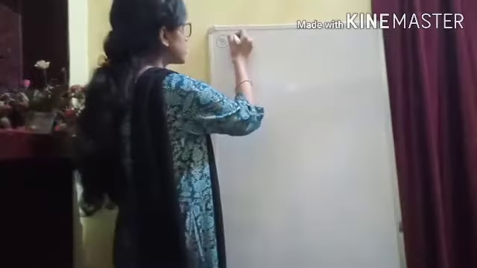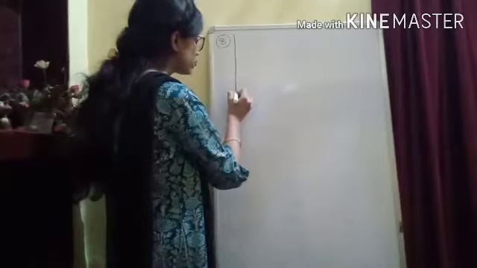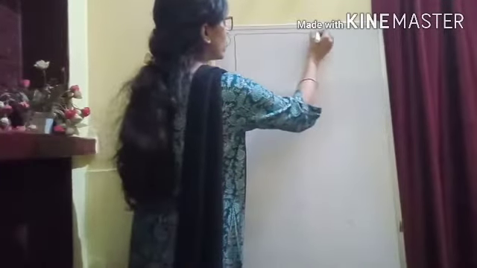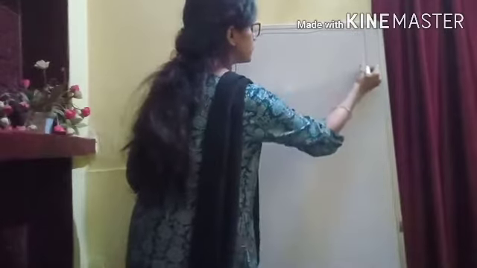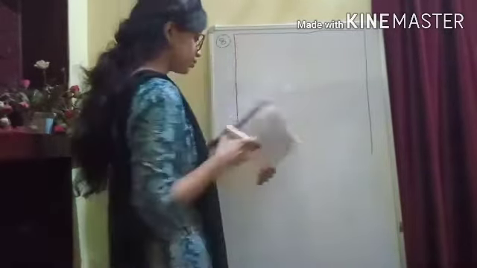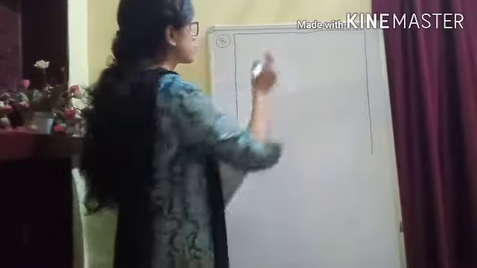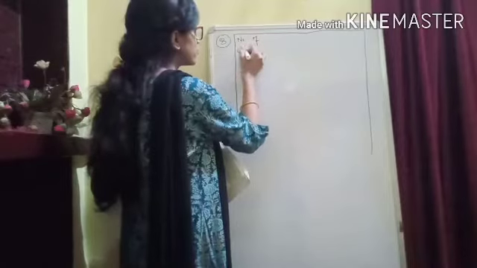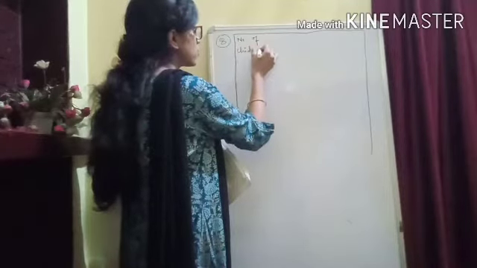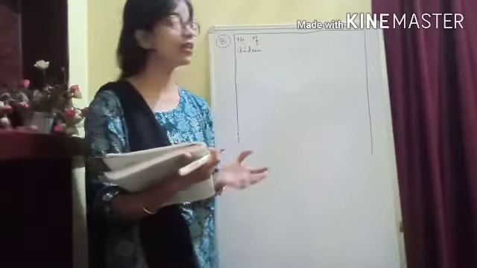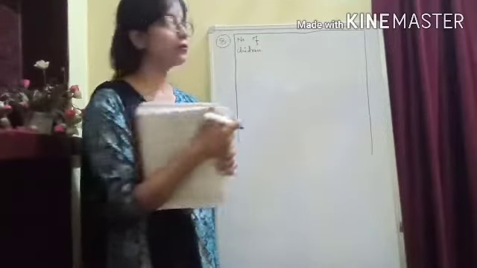For the frequency distribution, we have to prepare a table. We have to prepare a tabular form like this. In the first column we will be writing the number of children. Then we also have to prepare a column for frequency and another one for tally marks.